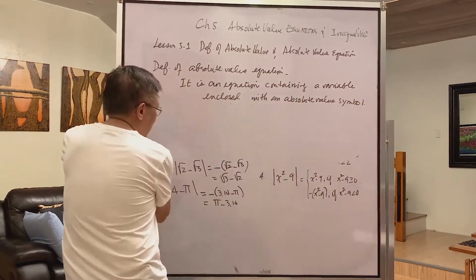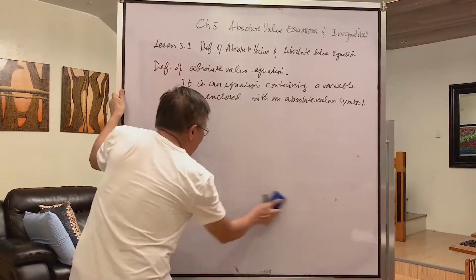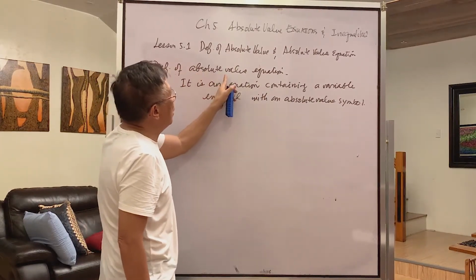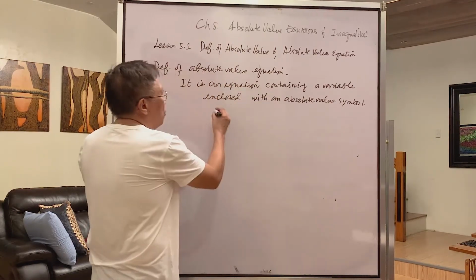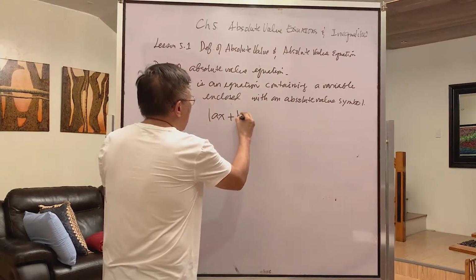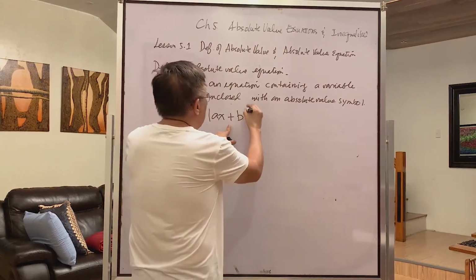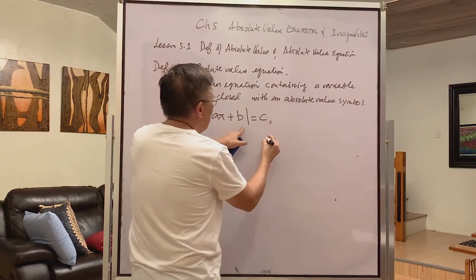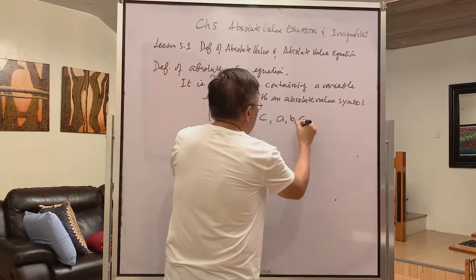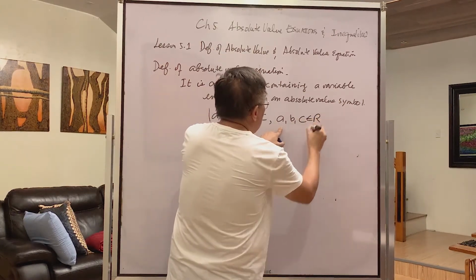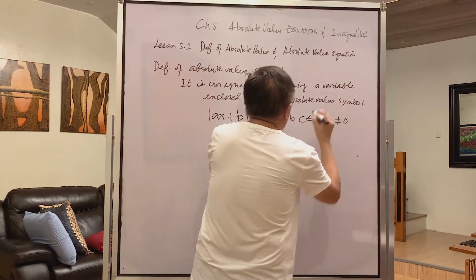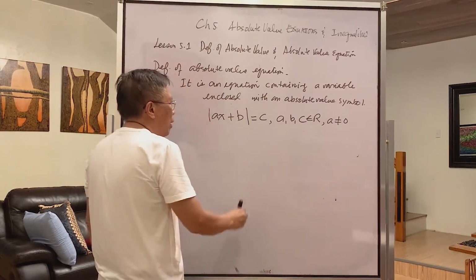Okay? Okay, so if we have this as our definition for our absolute value equation, we can say this, absolute value of ax plus b equals c, can be an absolute value equation provided a, b, c are elements of the real numbers and a is not equal to 0.